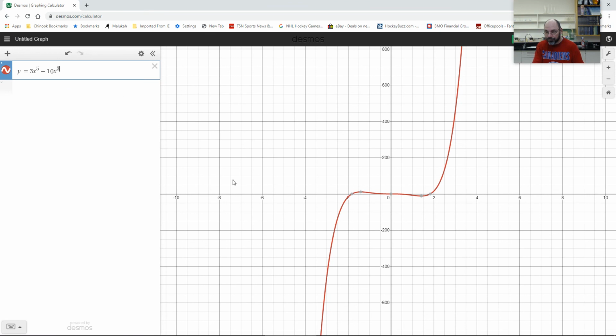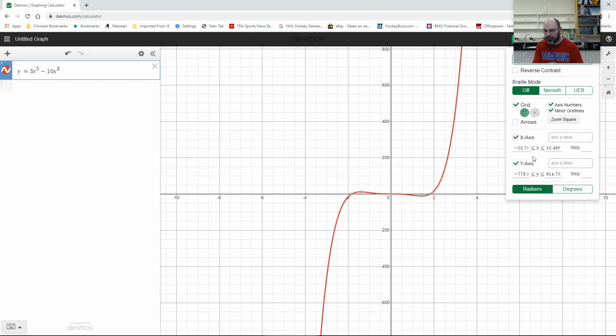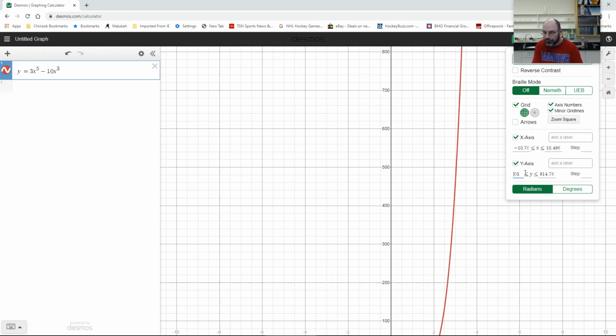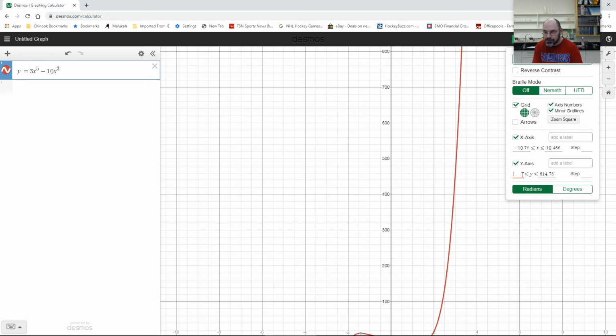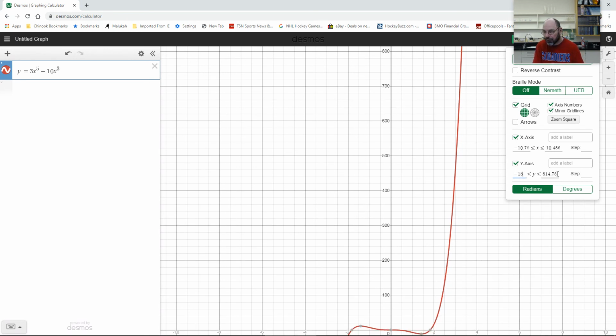Okay, so there you see mine was more pronounced because I can shrink this axis down a little bit so we can see it better. We don't need as much Y here as we did the last one. So let's go from negative 15 to positive 15.